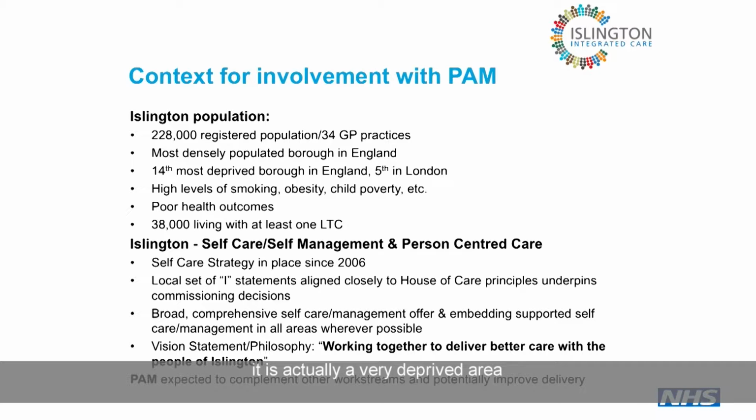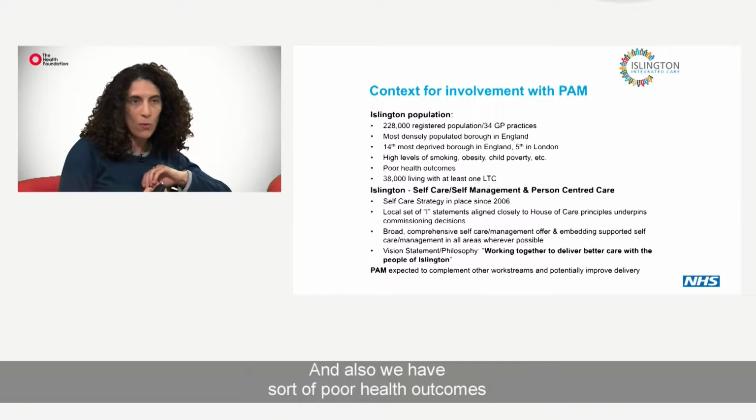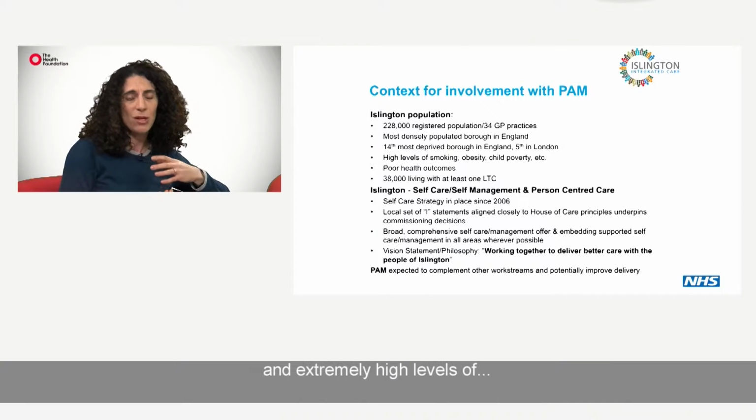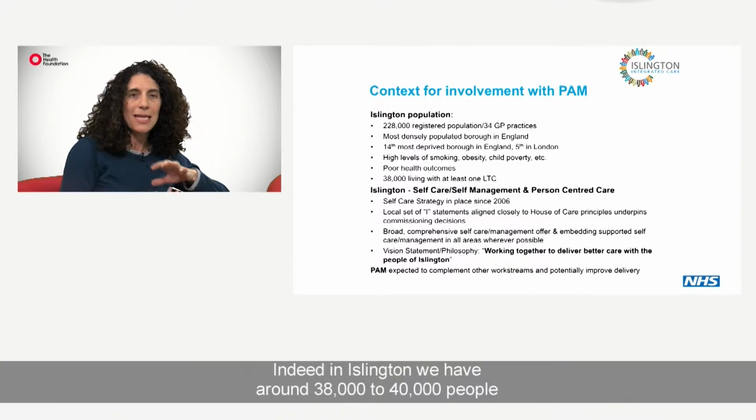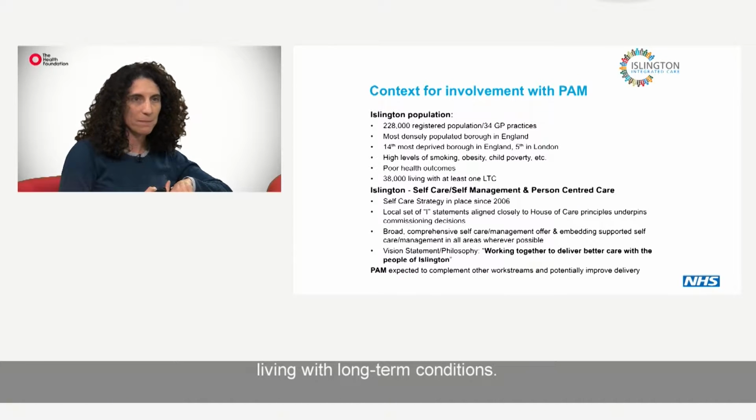It is actually a very deprived area, and there are significant markers of deprivation with high levels of childhood obesity, children living in poverty, things like that. And also we have poor health outcomes and extremely high levels of prevalence of people with long-term conditions. Indeed, in Islington we have around 38 to 40,000 people living with long-term conditions.